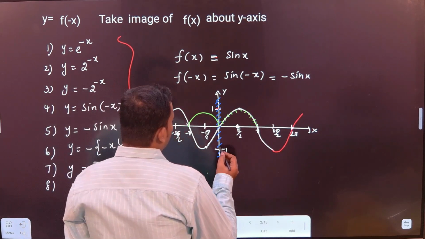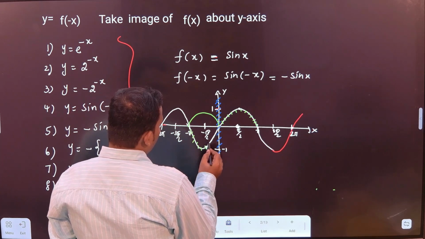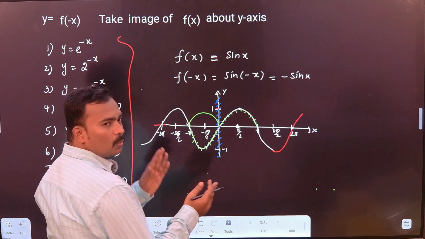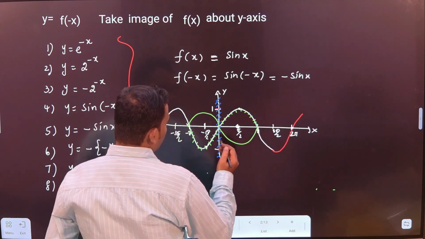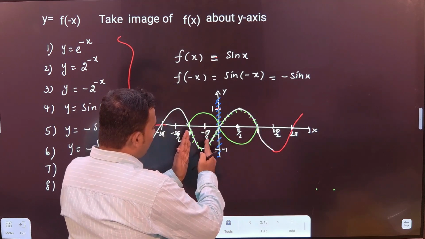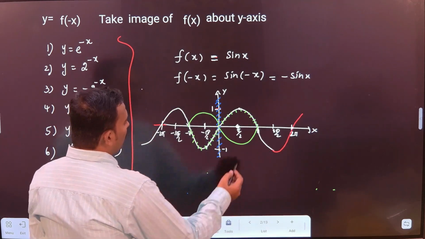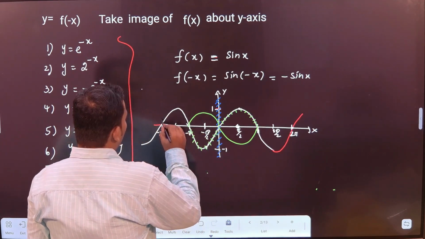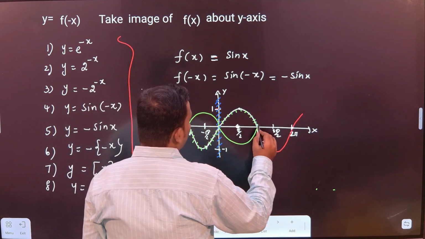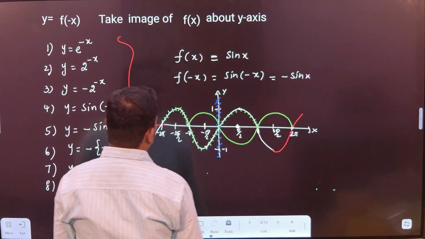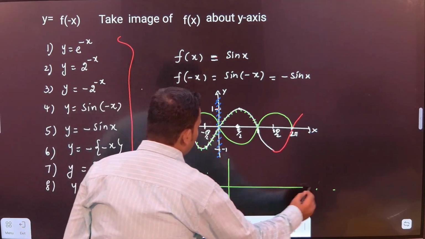And then this portion is there, no? The left side of the y-axis will be reflected downwards. Whatever is on the left side, with the y-axis as the mirror, you can reflect it there, okay? The same way, this second portion will be reflected here, okay?